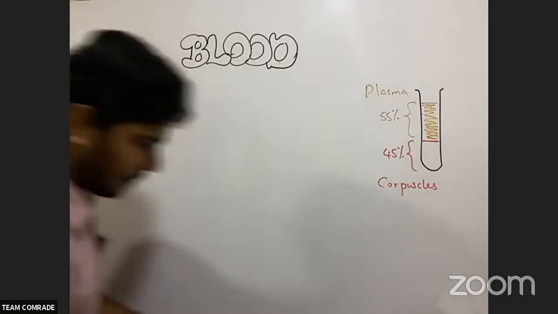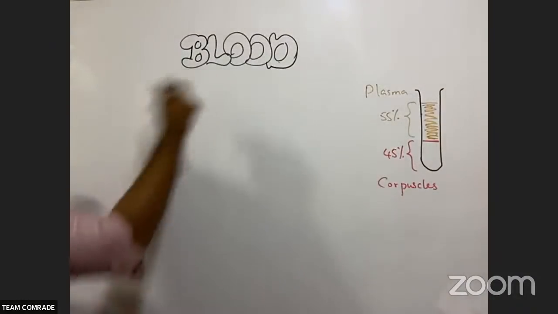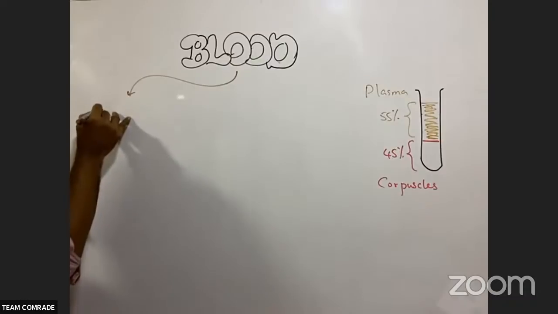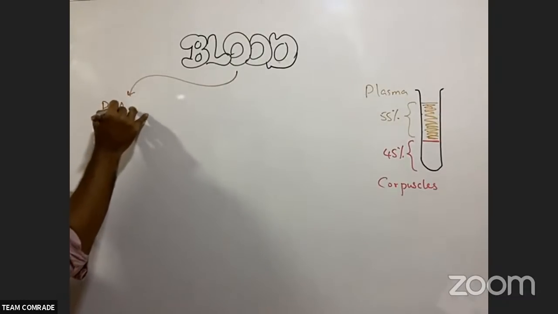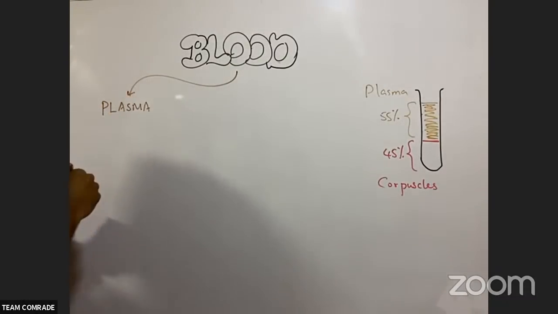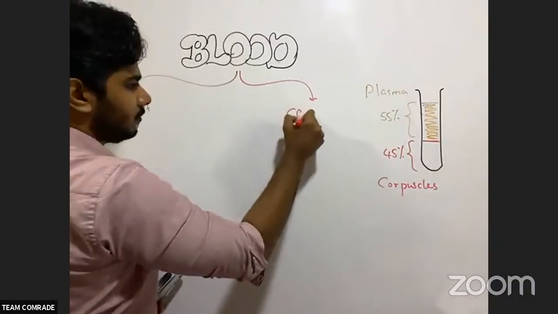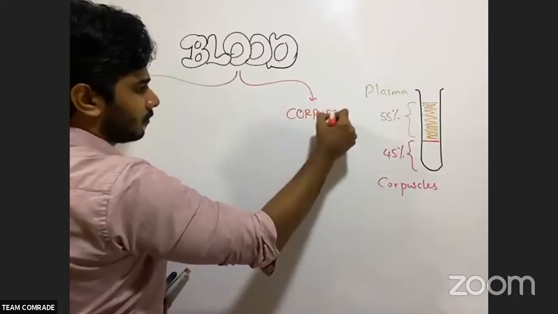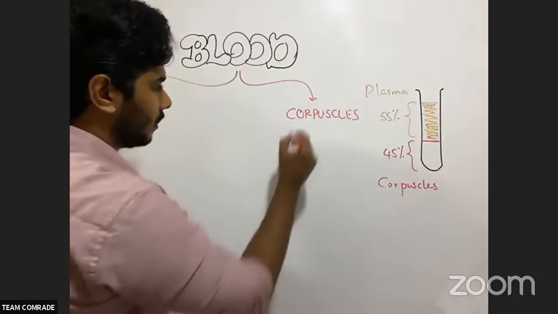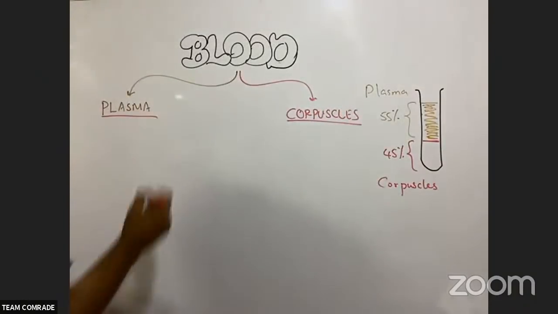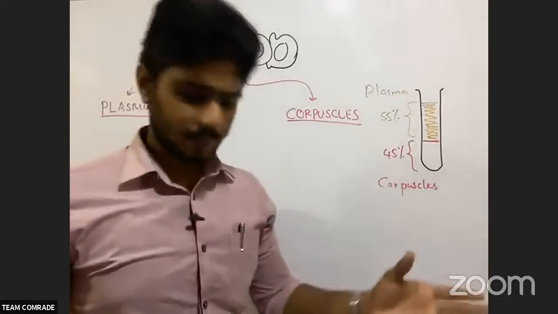One is plasma, and the other one is the corpuscles. Corpuscles and plasma. Corpuscles means the cell part, right?